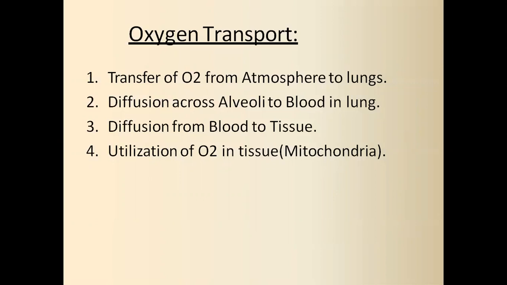Number 1, transfer of oxygen from atmosphere to lungs. Number 2, diffusion of oxygen across the alveoli to the blood. Number 3, diffusion of oxygen from blood to tissue. And number 4, utilization of oxygen within the tissues.